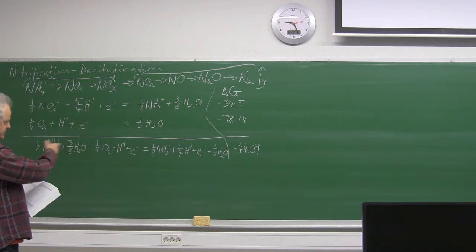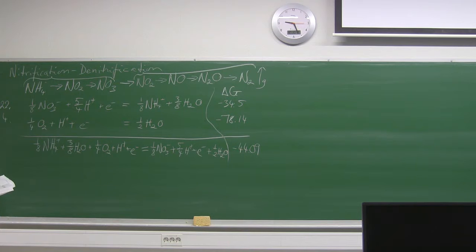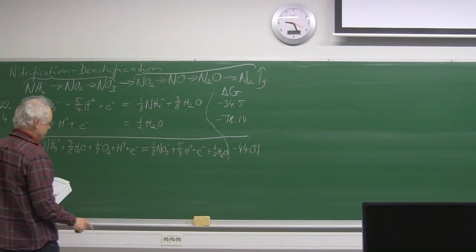So it should run just like this equation. Of course, now we can simplify a bit. We have electrons on both sides. We can remove those.